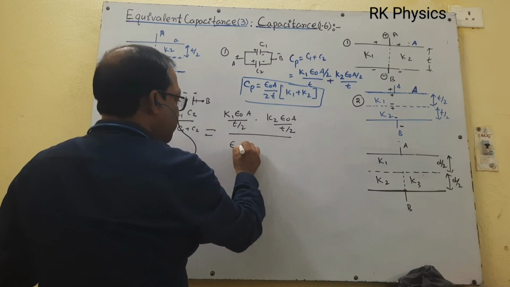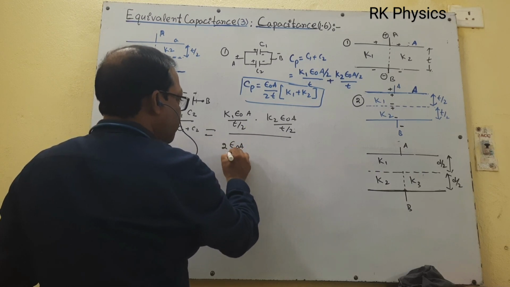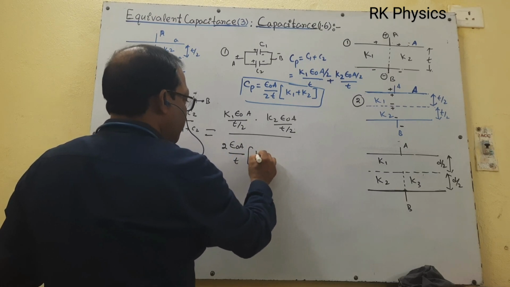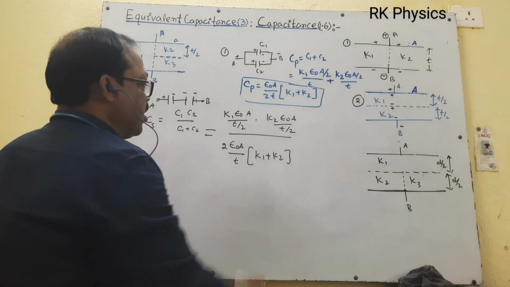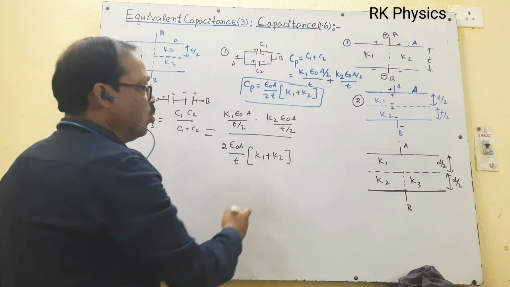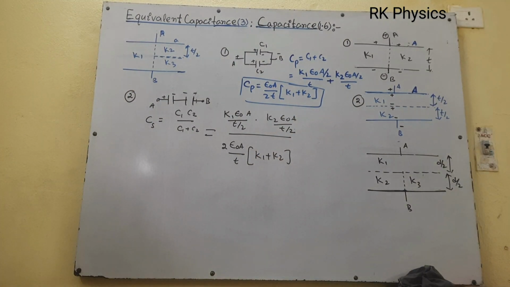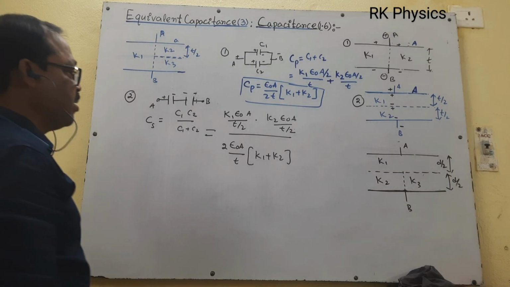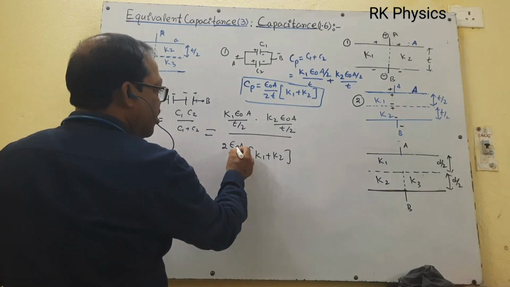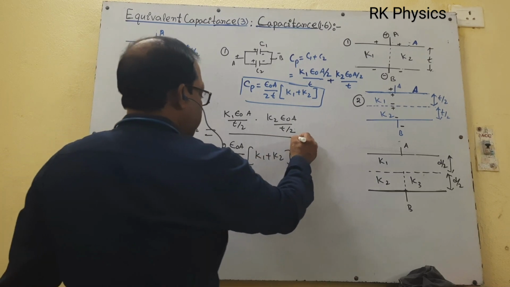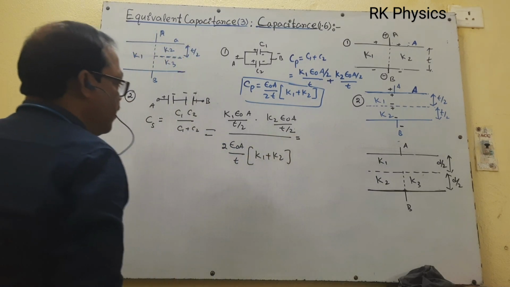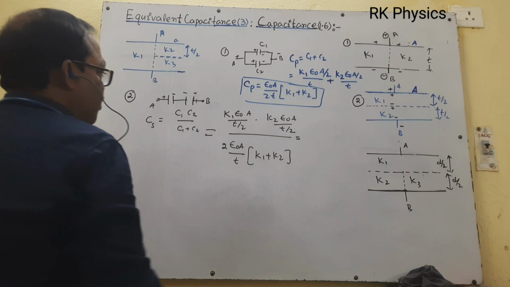You take out epsilon 0 A by 2 common, this is K1 plus K2, the sum of these two. t by 2 means 2 comes to the numerator side, so take out 2 epsilon 0 A by t common. Now epsilon 0 A by t cancels.